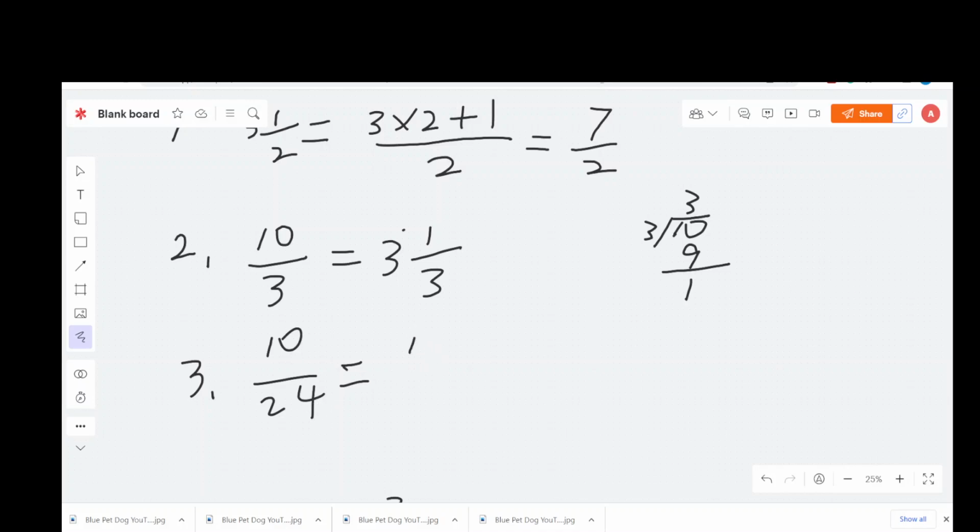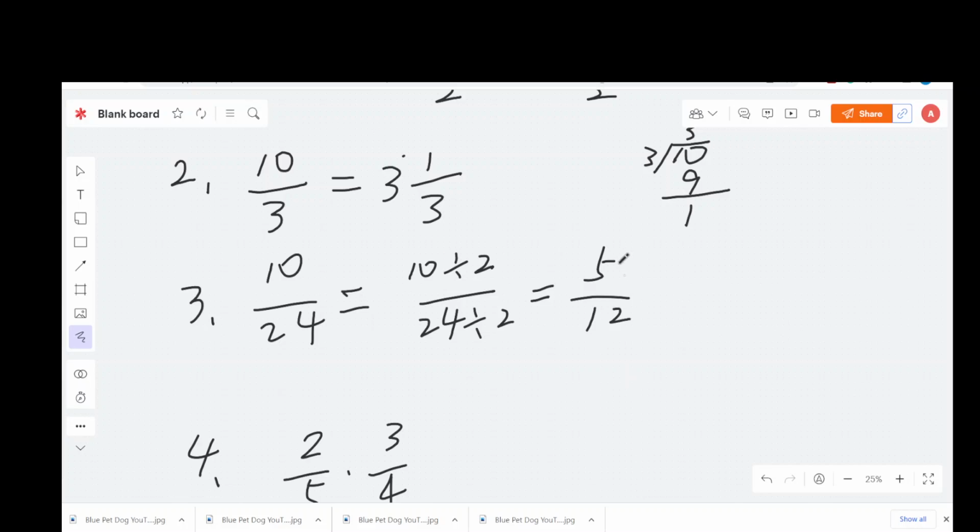So 10 divided 2, 24 divided 2. Okay, so 10 divided 2 is 5. 24 divided 2 is 12. So now we cannot simplify with the other number. It's a simple fraction.